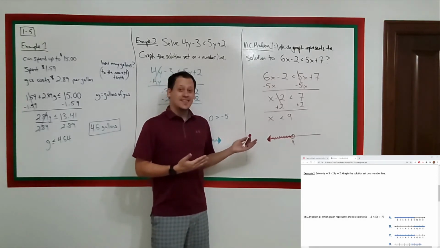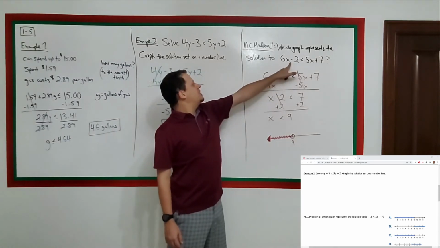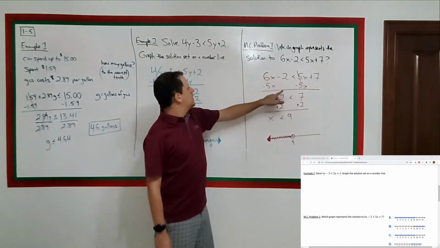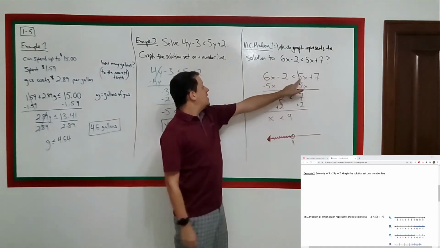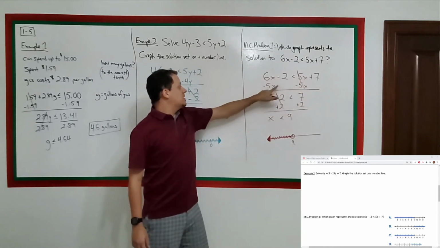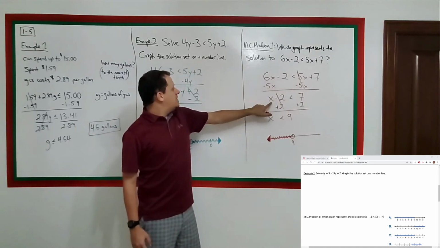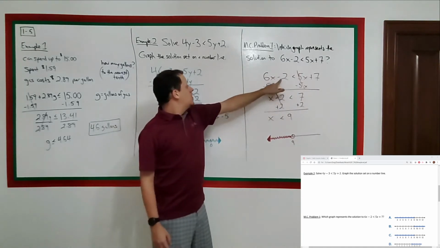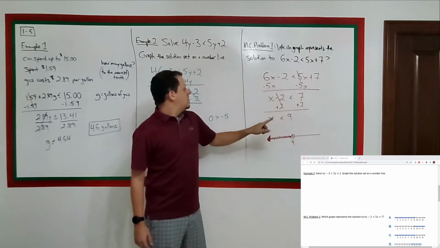How's it look? Just copy down the original inequality here. I wanted all my x's on the same side, so I took the side with the smaller number of x's and moved it over by subtracting because it was positive. So we got 6x minus 5x is just x. Brought down the minus 2, the less than sign, and the 7.